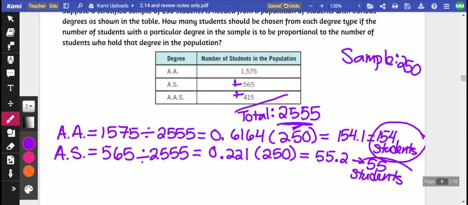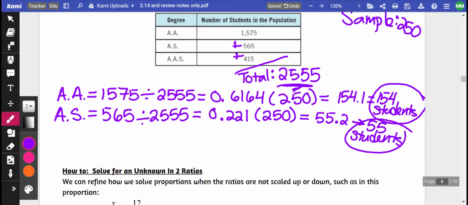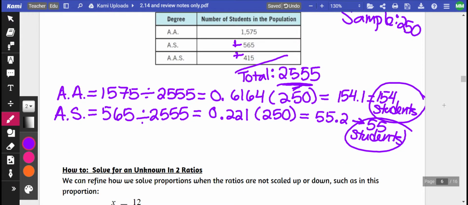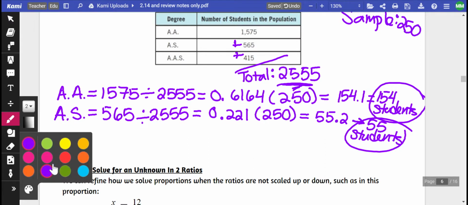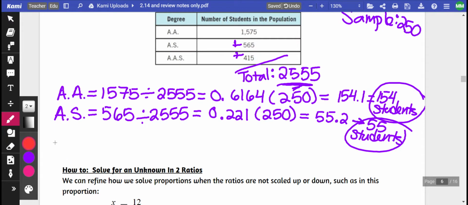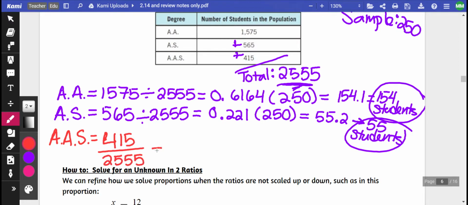Okay, for the last one, I'm going to have us do it a little bit differently so that you can see how we can set it up also as a proportion. So for the AAS one, I'm going to take 415 out of the 2,555. This still represents the division that I was doing in the other ones.